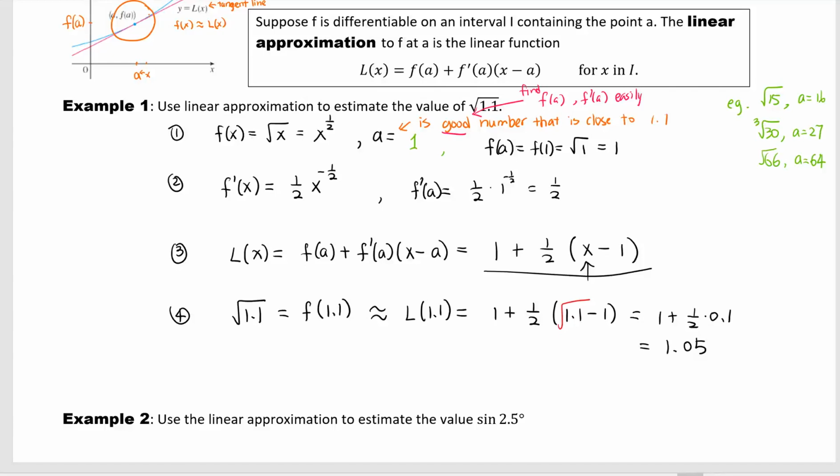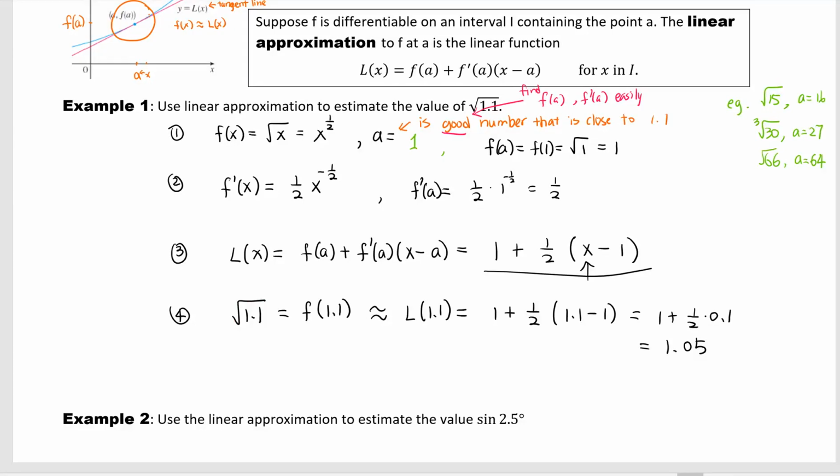What are we doing? We're doing all of this because we don't know what the square root of 1.1 is. But if you can put square root of 1.1, then you don't need this linear approximation, if you know how to calculate the square root of 1.1. Okay? So when you plug in, this is only the x values. It's the things inside the square roots.